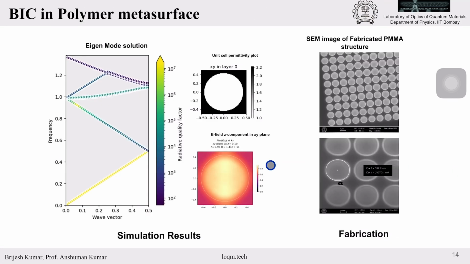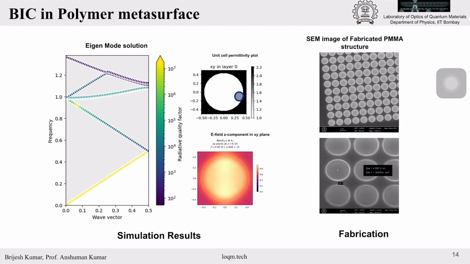Another parallel work going on is BIC in polymer metasurface. If we calculate this in Legume, we get one accidental BIC in this polymer. Why did we choose polymer metasurfaces? Because they are a low refractive index material as well as a low cost material.